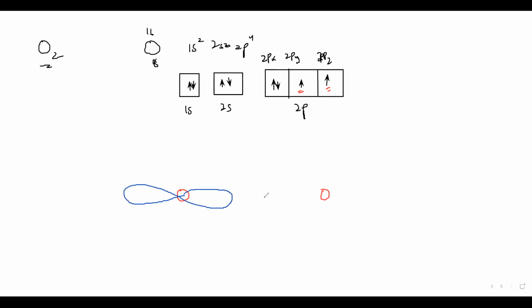This is a py orbital for one oxygen, and this will be the py orbital for the second oxygen. They are completely overlapping, and due to complete overlapping, we call that bond a sigma bond.